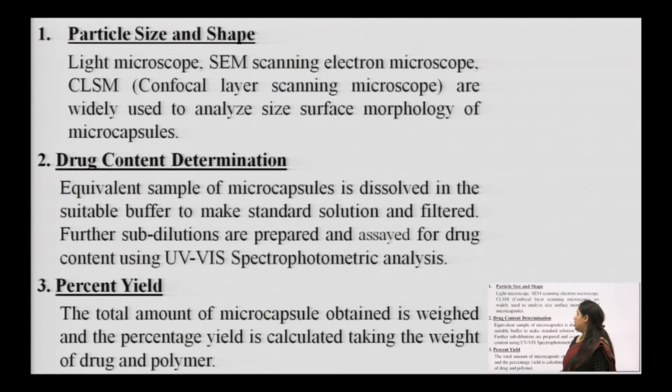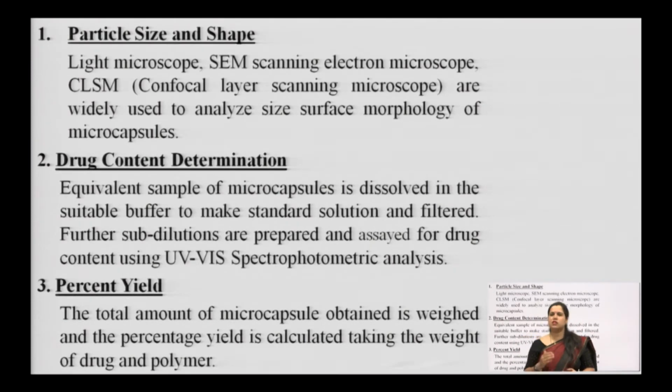Particle size and shape. Basically, particle size and shape can be evaluated using sophisticated equipment like the light microscope, SEM (scanning electron microscopy), and CLSM (confocal laser scanning microscope), which are widely used to analyze the size and surface morphology of microcapsules.